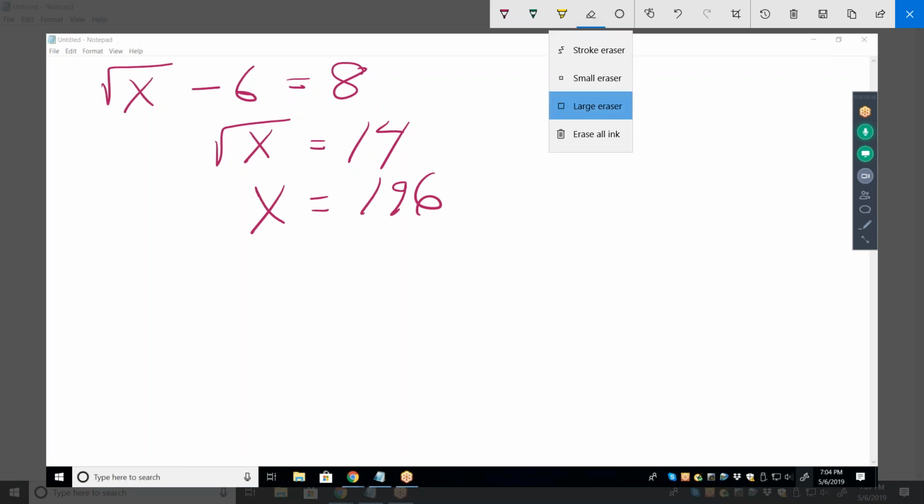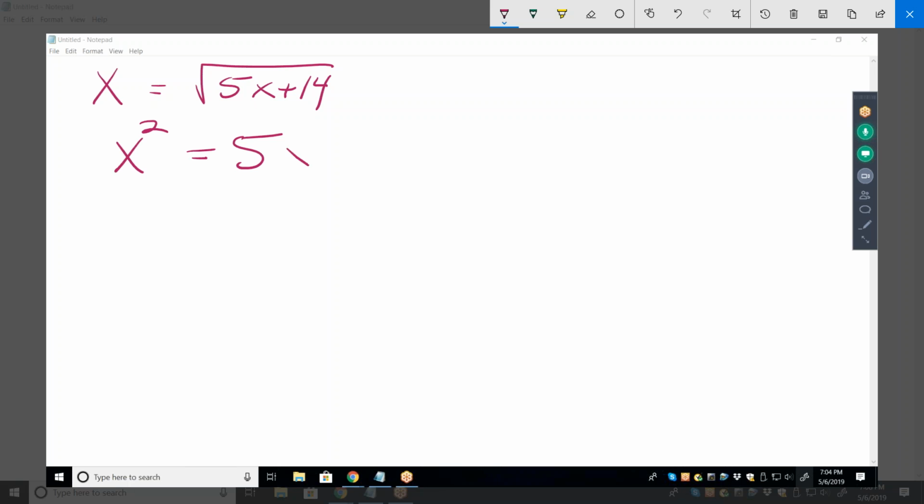Alright, next one. x equals root 5x plus 14, and it's all in the root. Next line. x equals 5x plus 14. Hold on. x squared equals 5x plus 14.